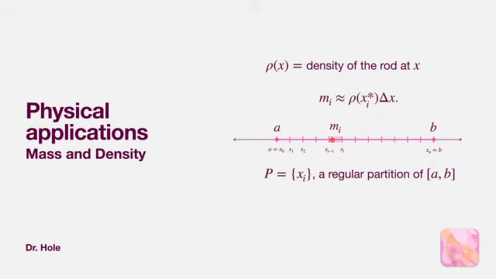Well, if n is taken large enough, over this interval the density is essentially constant, so we can find the mass of the thin rod over that subinterval simply by taking this constant times the length of the interval.